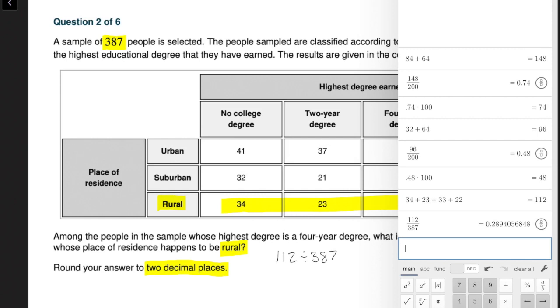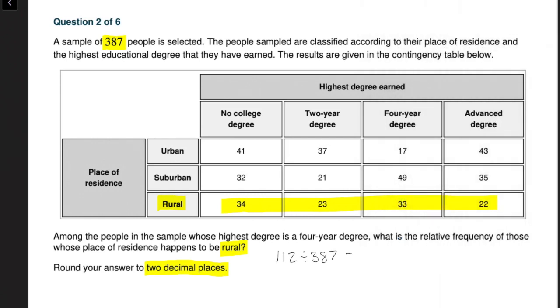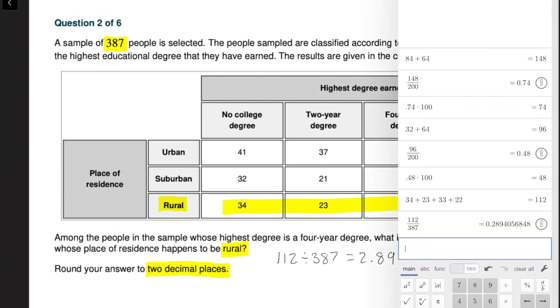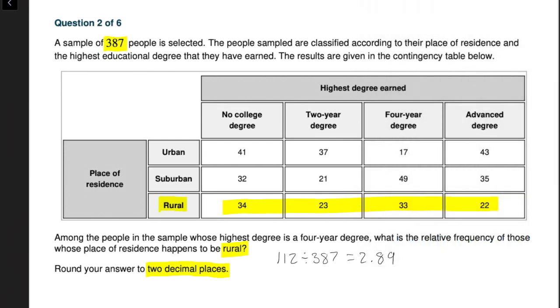Enter. That's 2.89. Oops, sorry. Oh, I am wrong. It's 0.289.